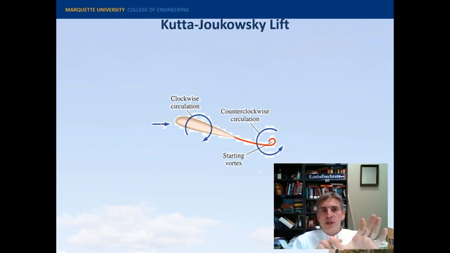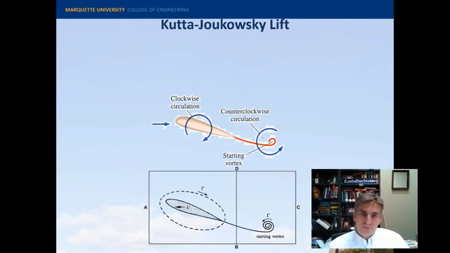But in order to conserve circulation, there should have been a counter-rotating vortex somewhere else. And that happens upon startup, right? So there's this starting vortex that emerges from the flow field when the flow begins. And what we do is we ignore this starting vortex, and our domain of influence is really here.